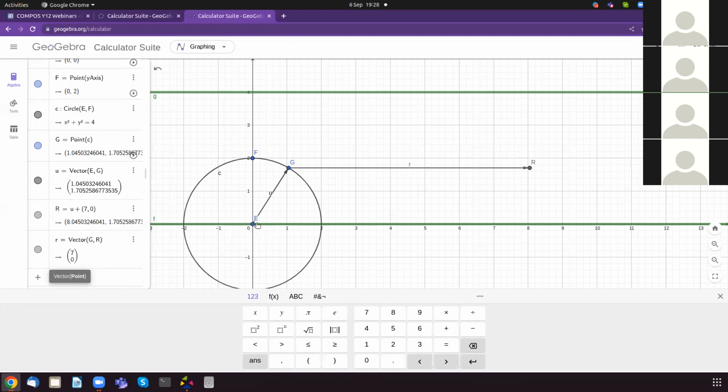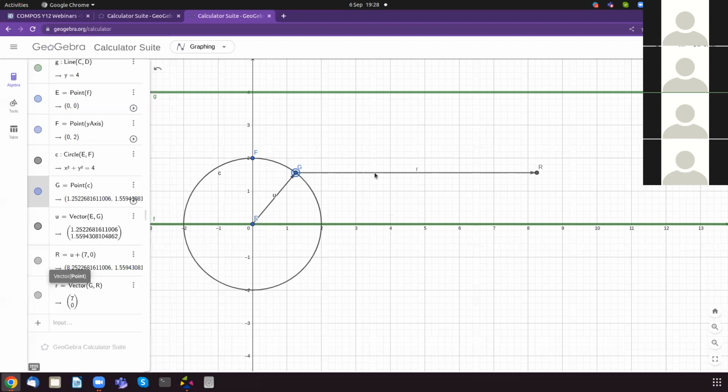Yes, here we go. So U is the speed of the boat, and R is the speed of the river. And now you can see I can rotate U, and that changes which way the boat is going.